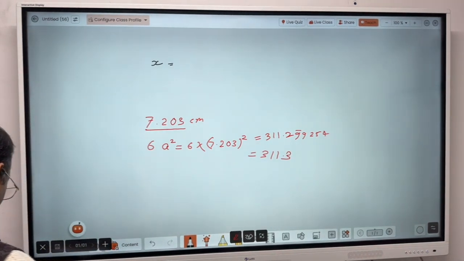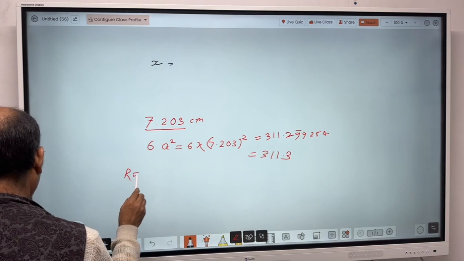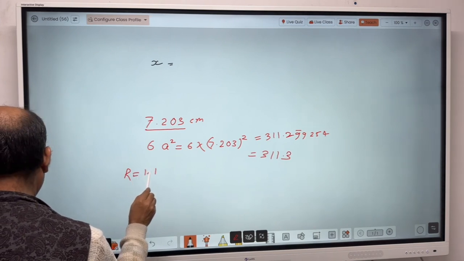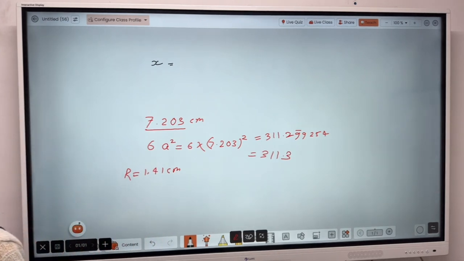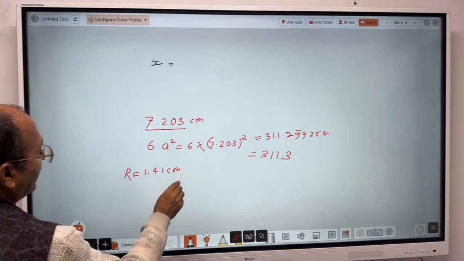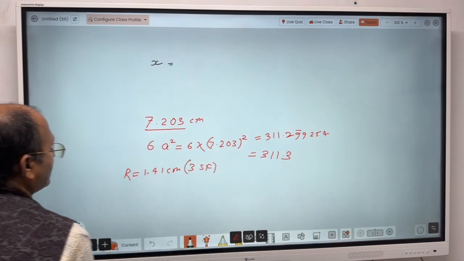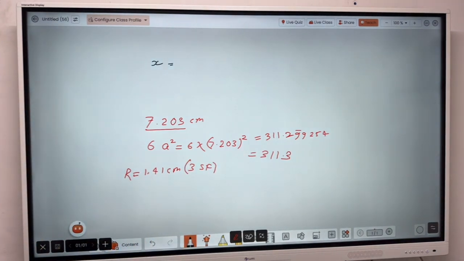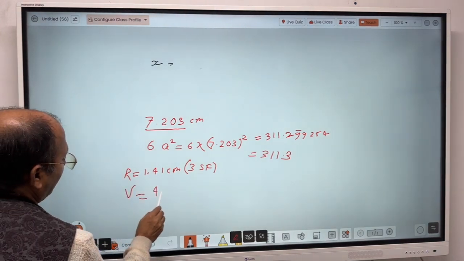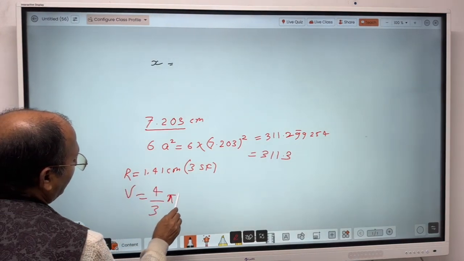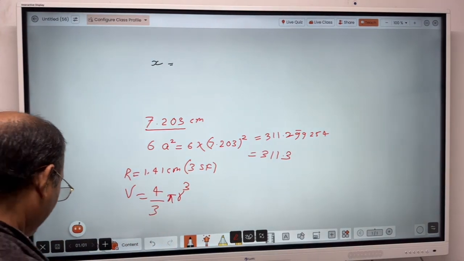Similarly, suppose we are given the radius of a sphere as 1.41 centimeter, and here if you notice there are 3 significant digits. So your answer should be restricted to 3 significant digits. Now we have to find out the volume. If you remember, volume is given by 4 by 3 pi r cube. So we put the values and evaluate.